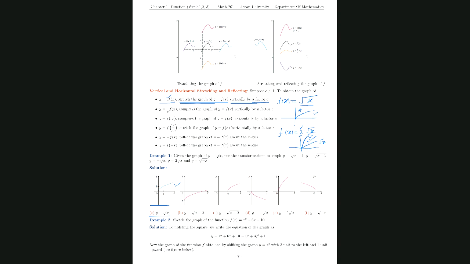Here, y equals 2 times sqrt x, so y equals sqrt x, and y equals 2 times sqrt x goes upside. This is called stretching upwards.